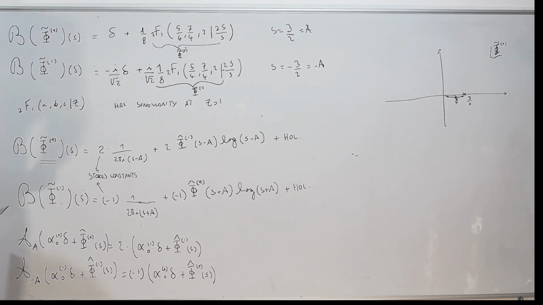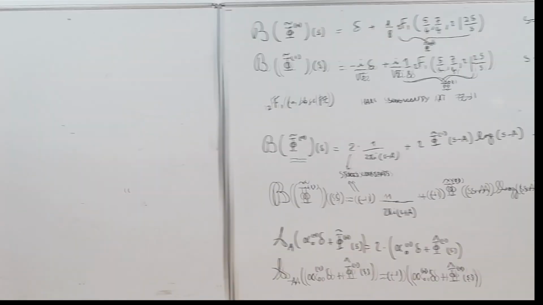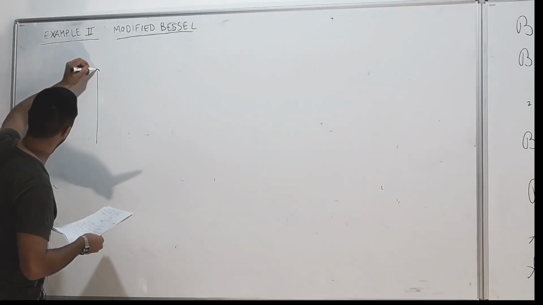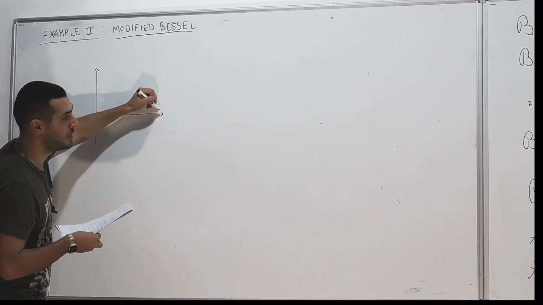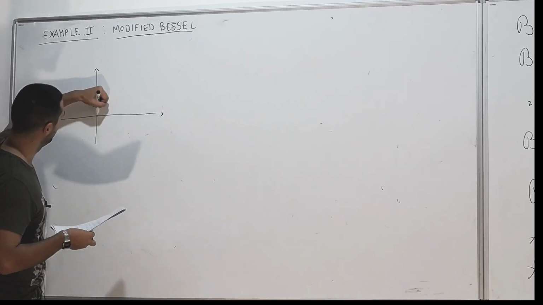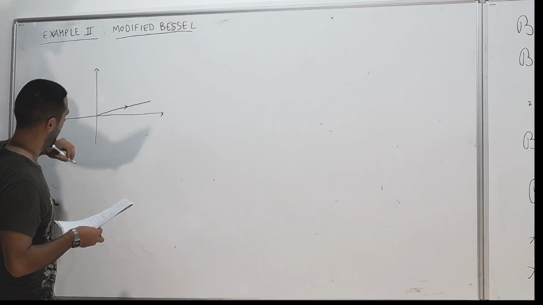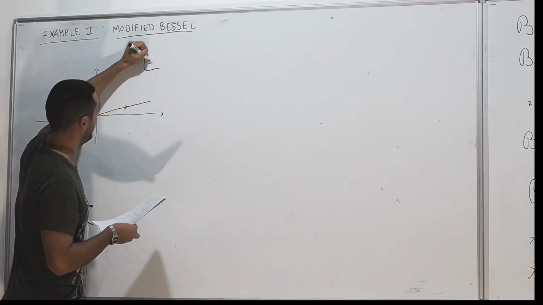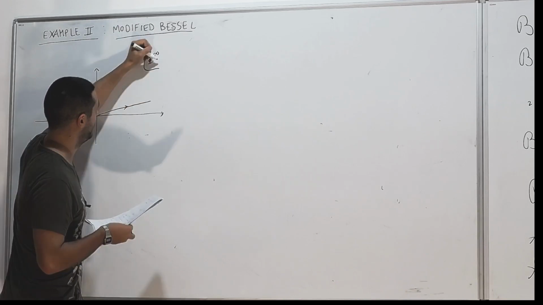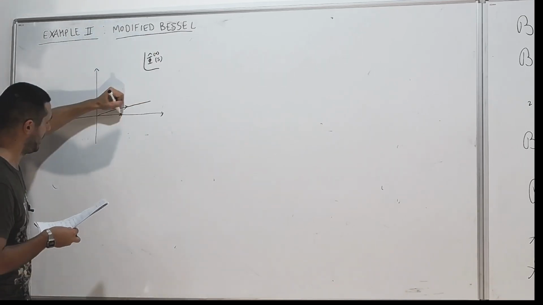In our case, we only have 2 forbidden directions: the positive real line for the perturbative sector and the negative real line for the non-perturbative sector, because that's where the singularities are. Therefore, let me draw this: the Borel plane of the perturbative sector, phi hat of 0, with a singularity here.